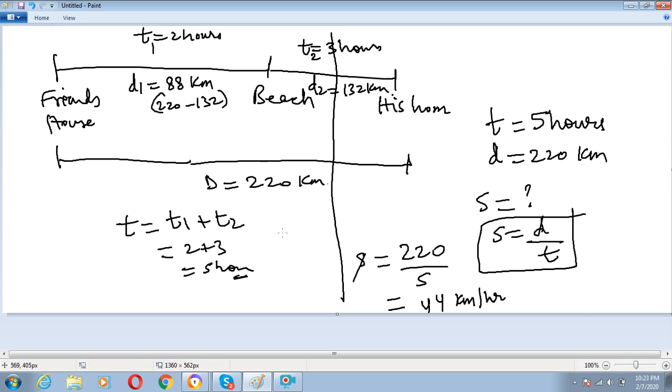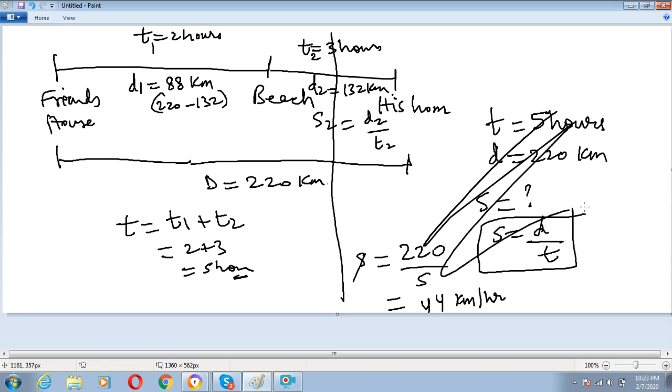So what is the first part? Find the speed for the distance from the beach to home. For the second part we have to find speed S2. Very simple, D2 by T2.